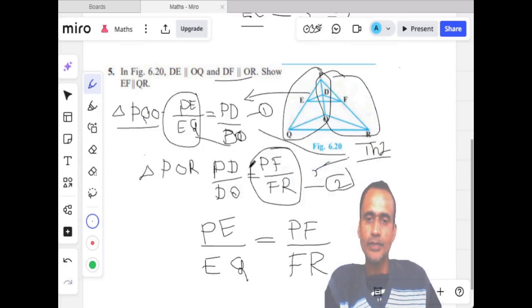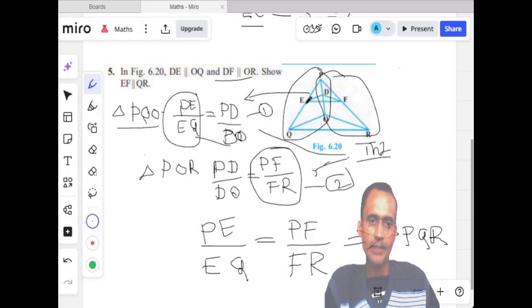So these two ratios are equal. That implies that in triangle PQR, PE by EQ is equal to PF by FR.